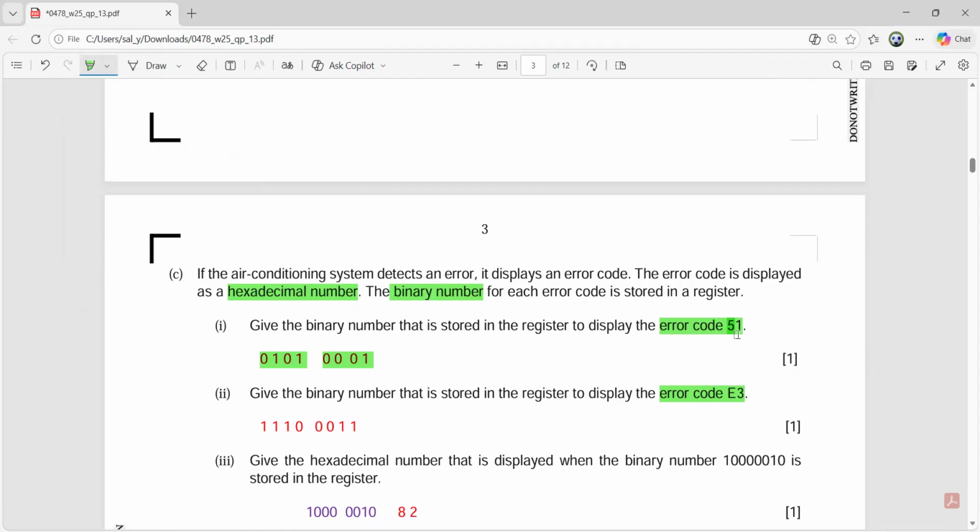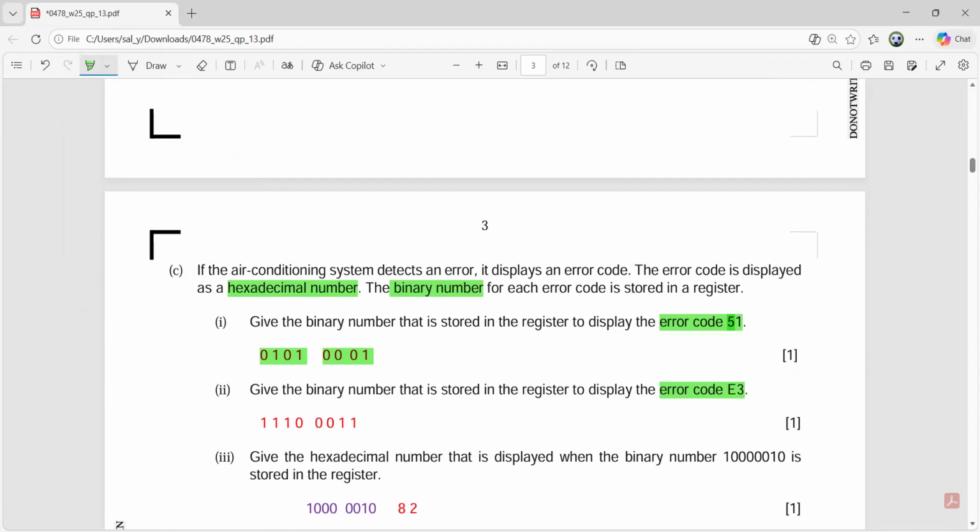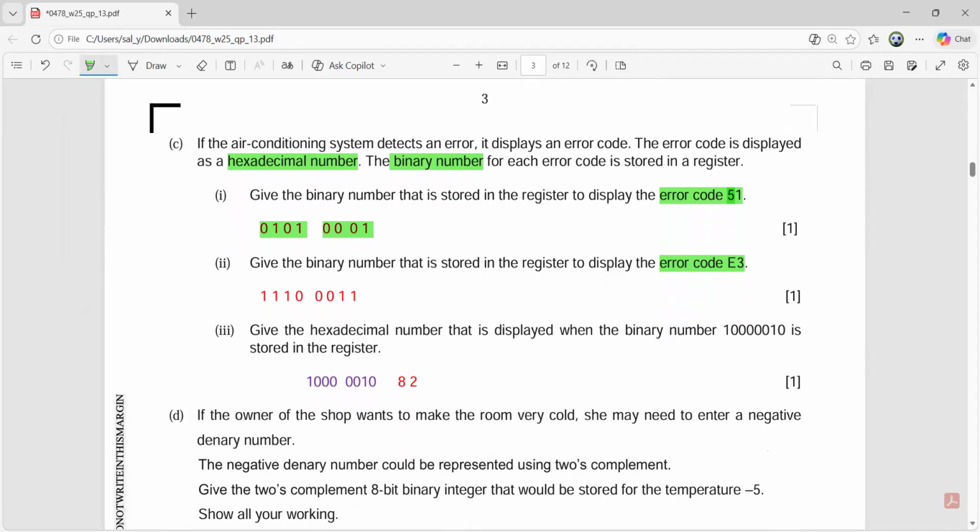Be clear, it's hex value 51, and that is why you have to utilize the same conversion technique as we have learnt, applying it for each nibble. Now this is the value for E, that is E is 14, and you are going to turn on 8, 4, 2 to make it 14, and 3 is 0011. In this manner, your answer will be accurate, be cautious, and you will definitely be able to score the marks.